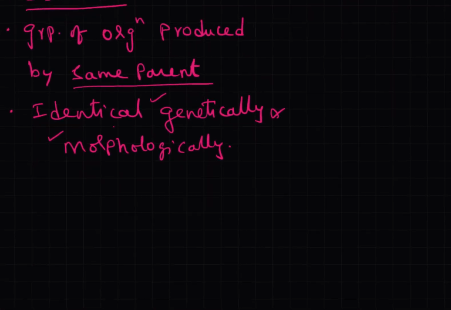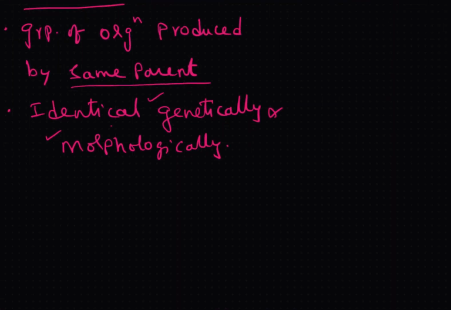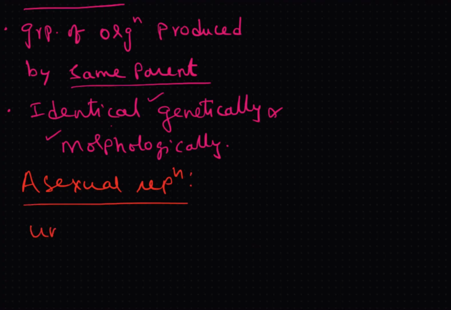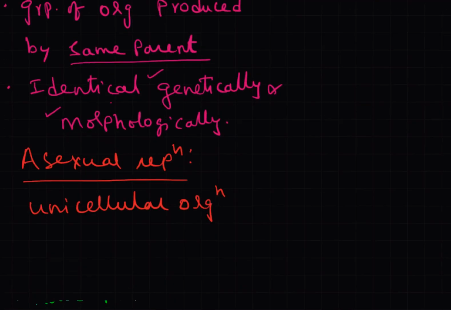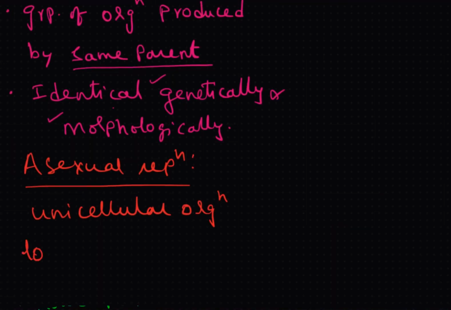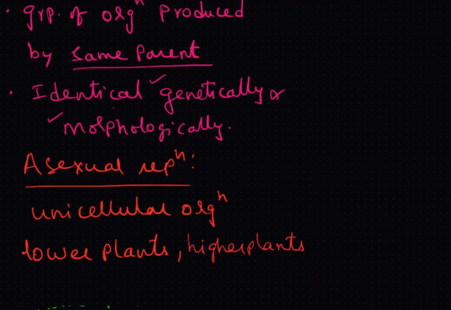Now, in which organisms do we see asexual mode of reproduction? Asexual reproduction is commonly seen in unicellular organisms, lower plants and animals, as well as higher plants and lower animals.